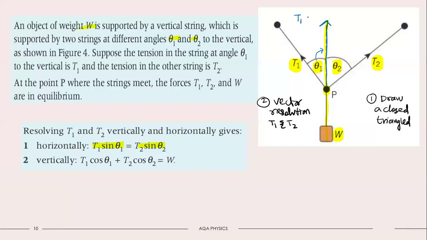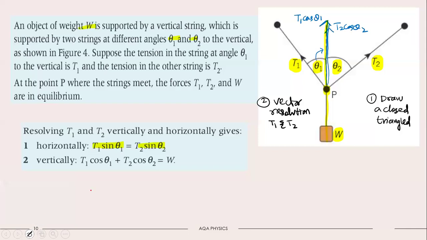Yes, you're right, it is cos. So this is T1 cos theta 1. And similarly for T2, it is T2 cos theta 2. These are the vertical components because they are in the vertical direction.